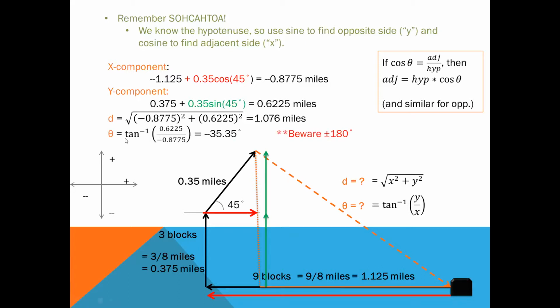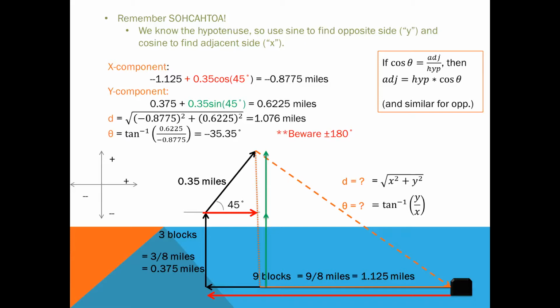To find the direction that he needs to travel to get back home, we're going to take the inverse tangent of the y component over the x component. And that gives us a negative angle, negative 35.35 degrees. Now, we do have to be careful here, beware the plus or minus 180 degrees, because there are two angles that will give you the same inverse tangent value.